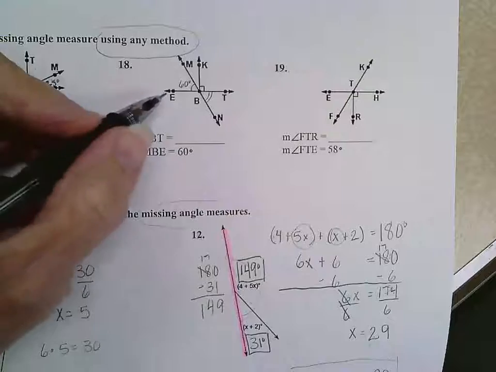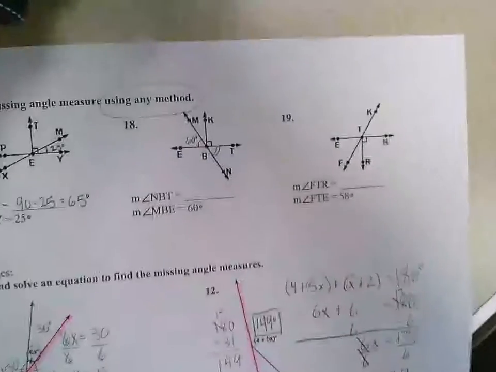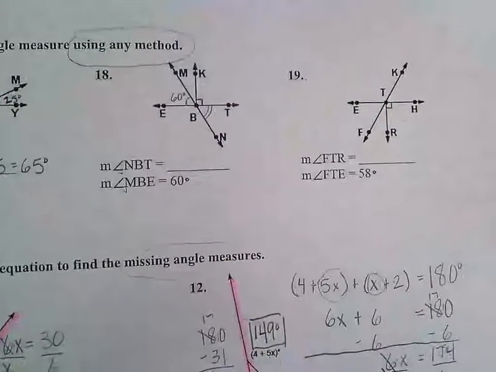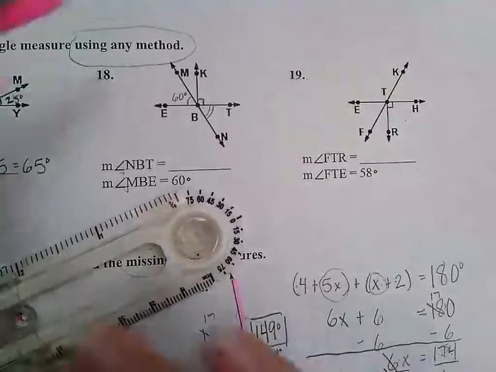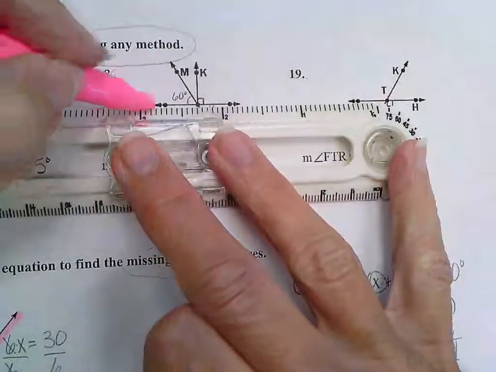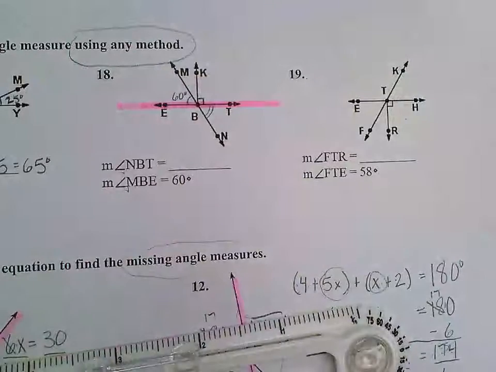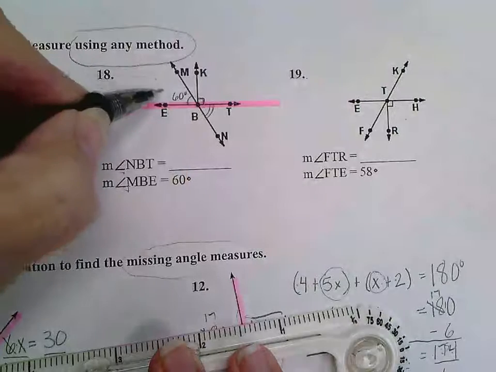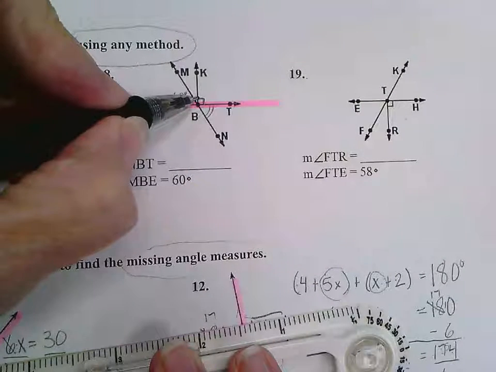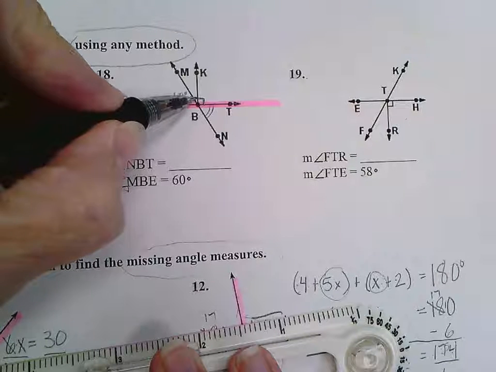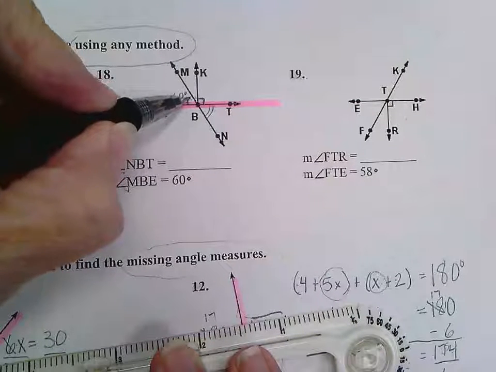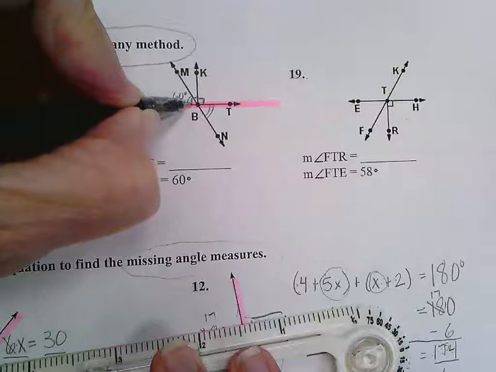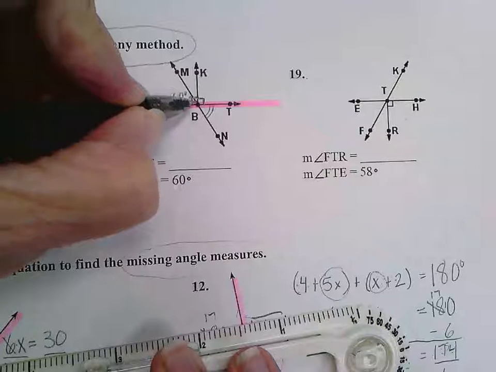So we can look at this a number of ways. We know that if this is a straight line, and we have no reason to think that it's not a straight line, and we have a right angle right here, we're going to know that the angle, excuse me, not opposite, adjacent, this right here is also going to be 90 degrees.